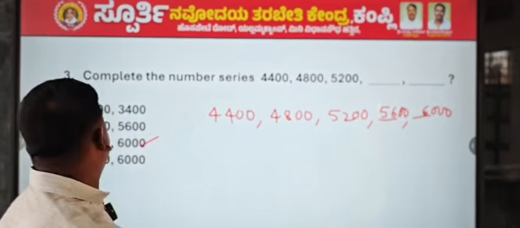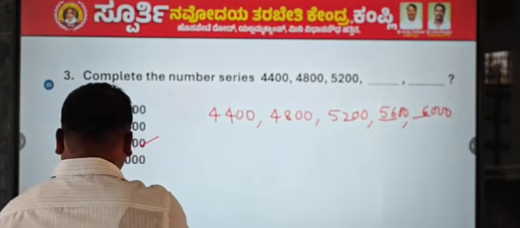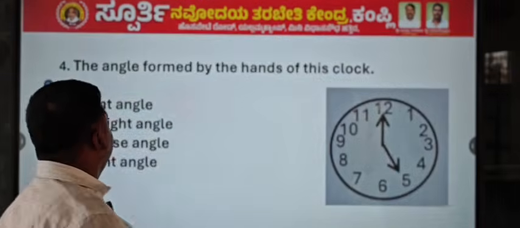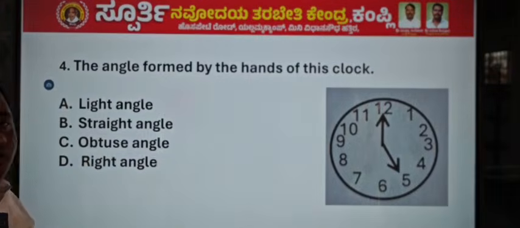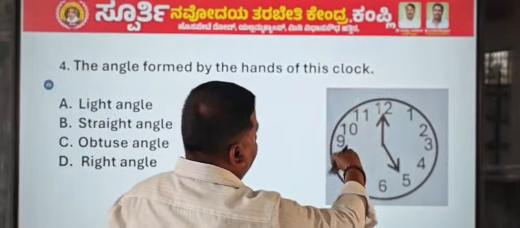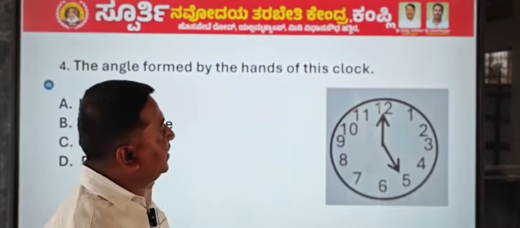Okay, let us move to the next question. The angle formed by the hands of this clock is being asked. Here it is one circle, and one circle is equal to 360 degrees.